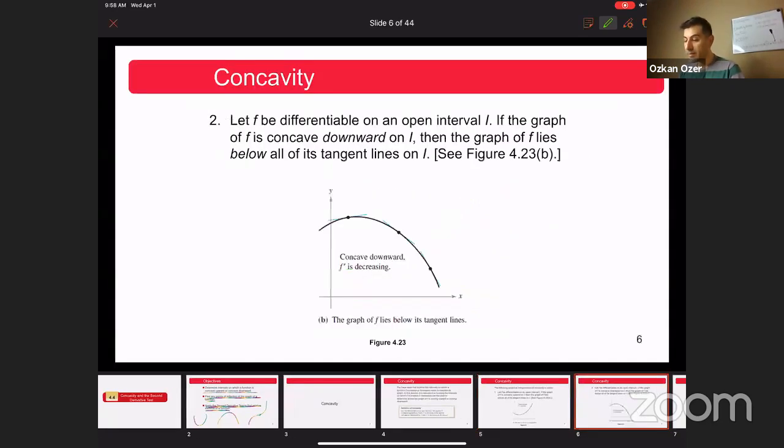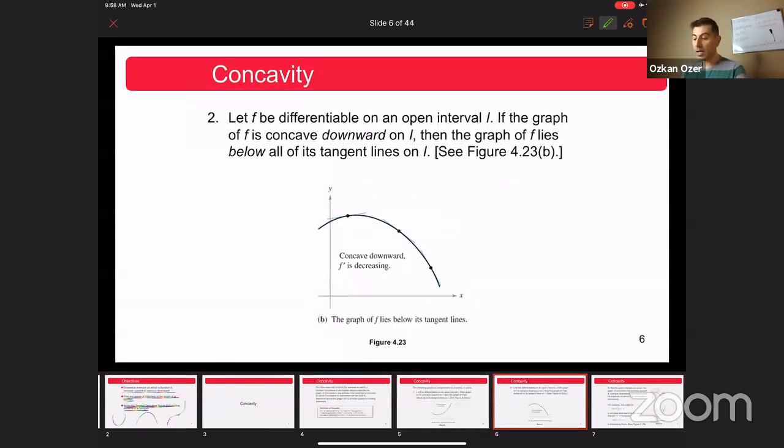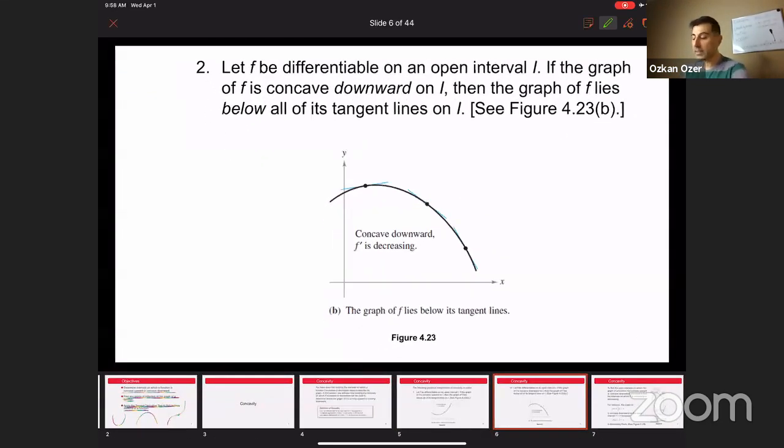And the same thing applies for concave downward. If you look at the tangent lines on the curve, here for example, f prime is positive because this tangent line is increasing, whereas here the tangent line is decreasing, so f prime is negative.